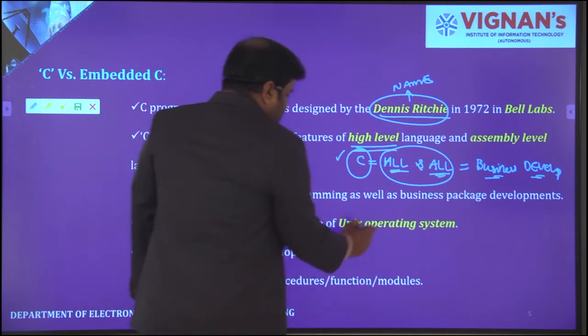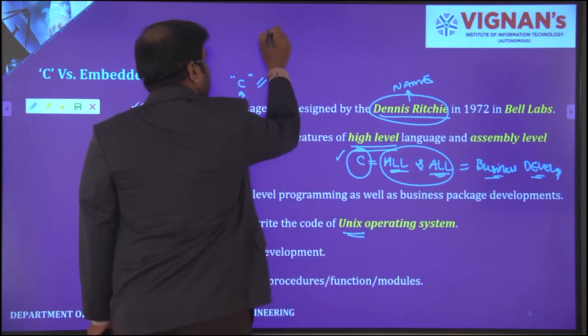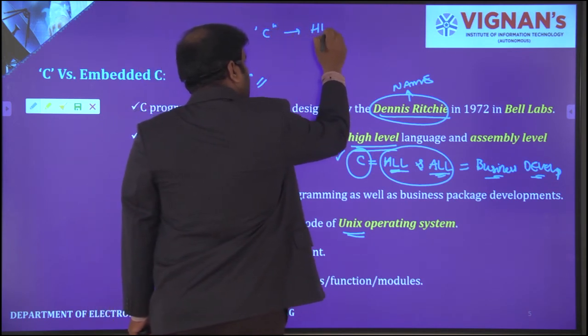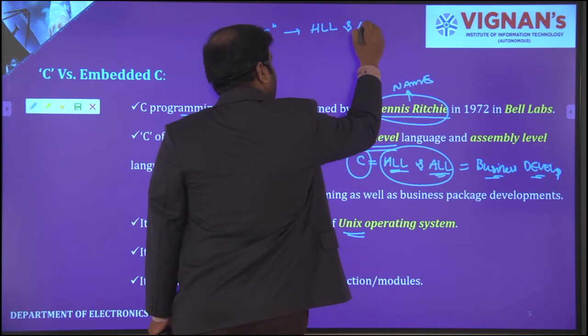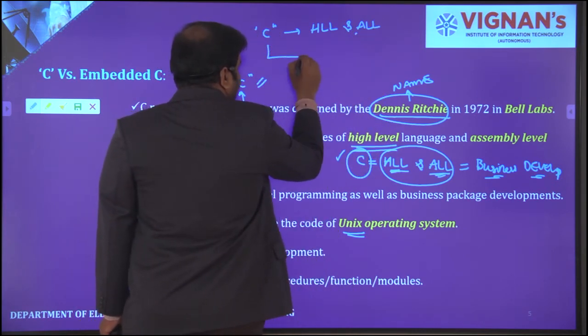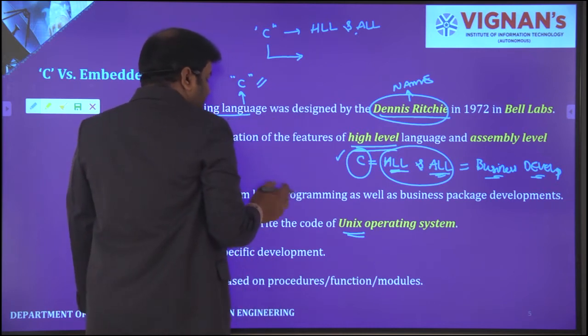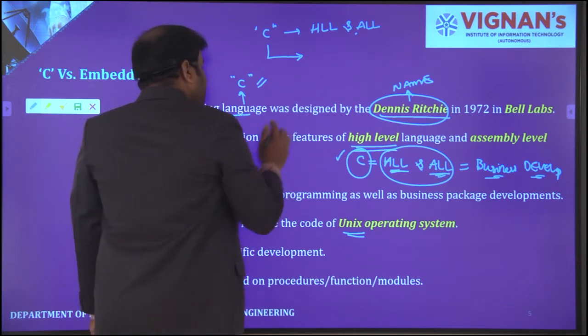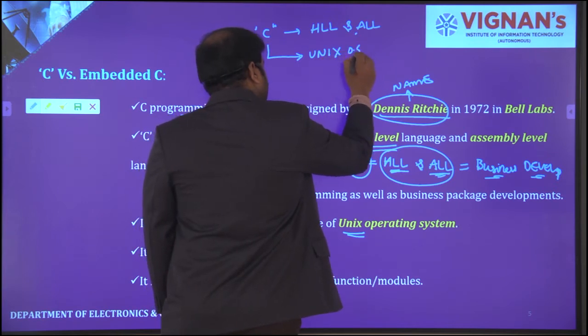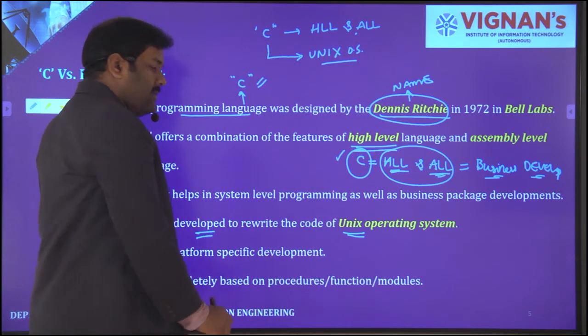Initially it is a C program. It can be high level language and assembly level language it will support. By doing some modifications or by adding some features, it can support Unix operating systems also.